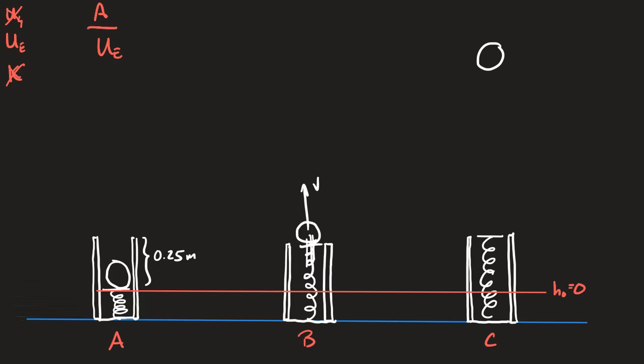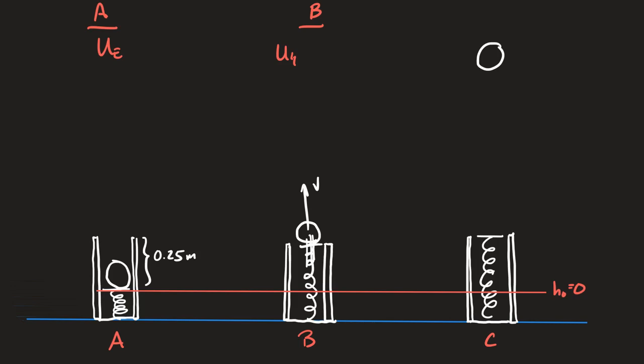Are we good there? Because we're going to go on to part B. Let's consider what's going on at B. Starting at the top, is the object above the reference level? It is. Is the object pushed back against some spring? I don't think so. It's leaving the spring here.